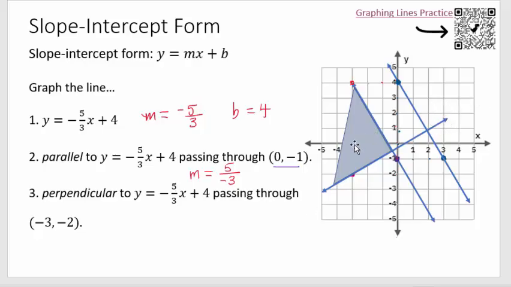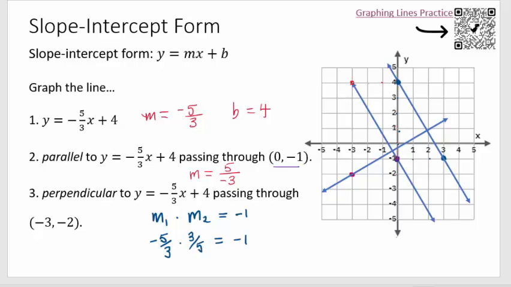Well, we don't always have a graph given, so it would be helpful to know what the slope of the perpendicular line is. Well, the slopes of perpendicular lines, their product is -1. So can you think of a number that we could multiply -5/3 by to get a result of -1? Well, in this case, it's 3/5.